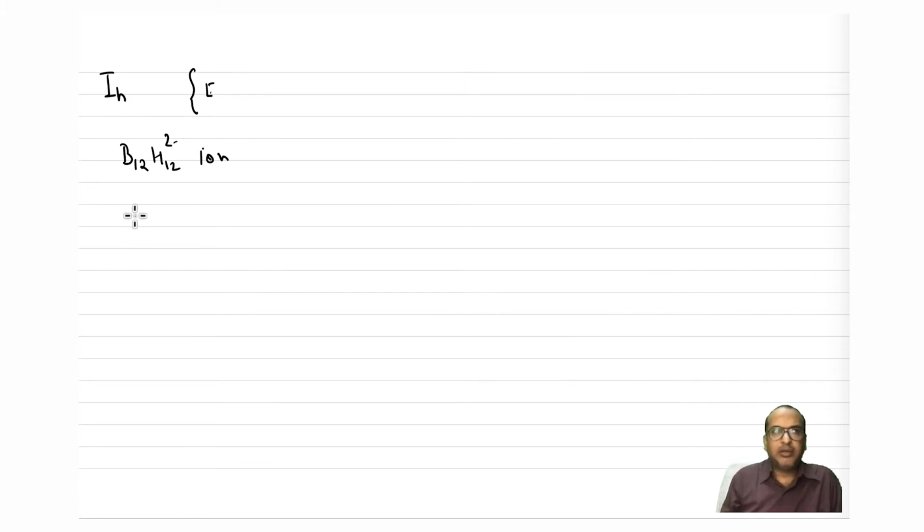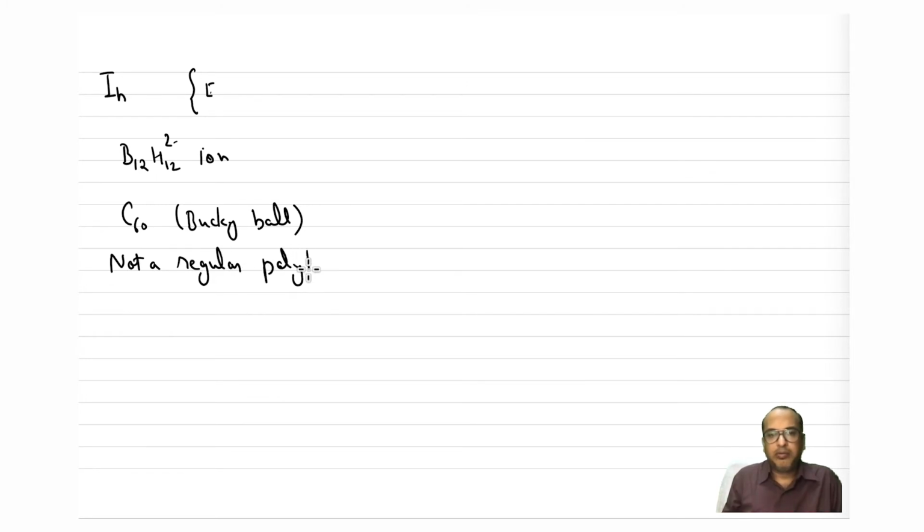Another famous example is C60, which is also called buckyball. It is not a regular polyhedron, because here you have alternating pentagon and hexagon faces, right? So we all know the structure of Buckminster fullerene. C60 buckyball is not a regular polyhedron, but still it forms under IH point group.